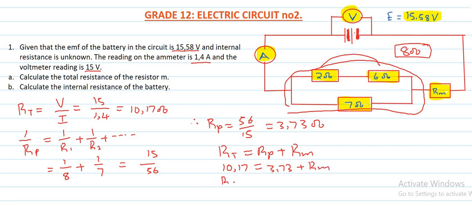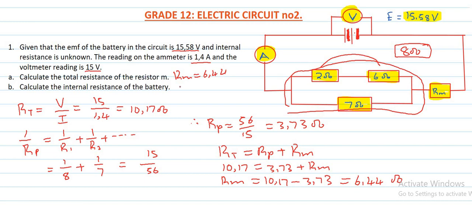Therefore our Rm will be equal to 10.17 minus 3.73. When we punch it on our calculator, we get 6.44 ohms. That's the resistance of Rm. Meaning Rm will be equal to 6.44.